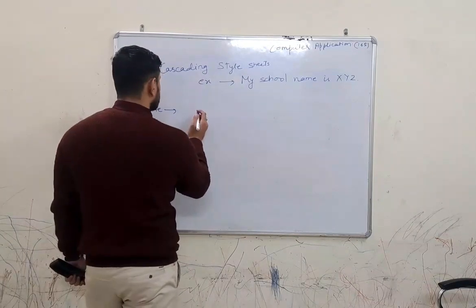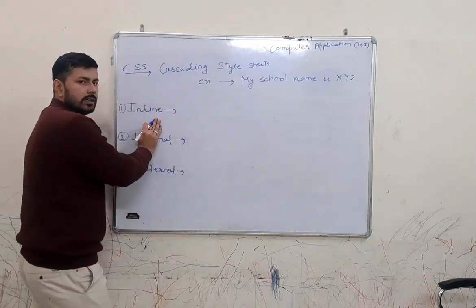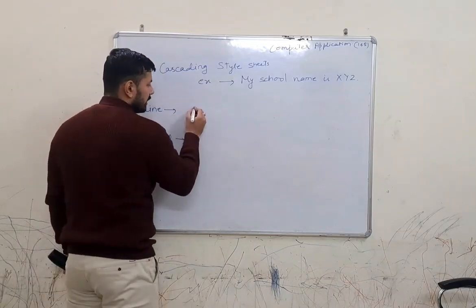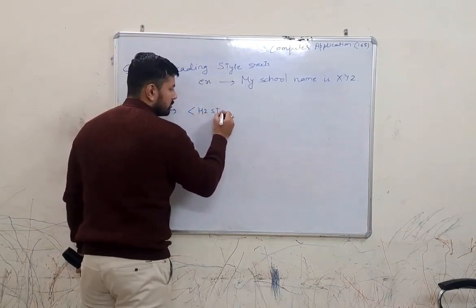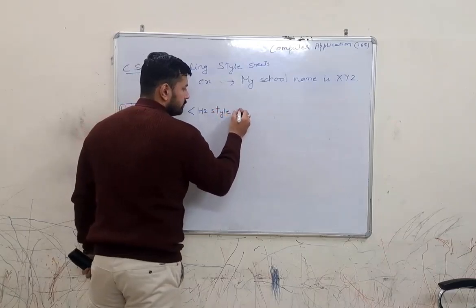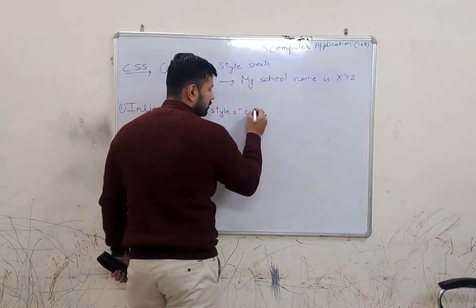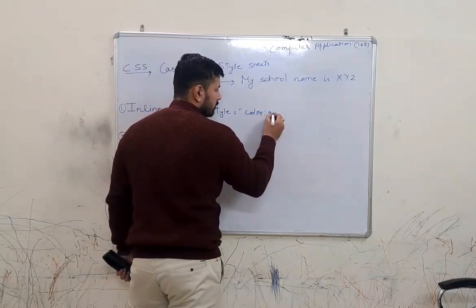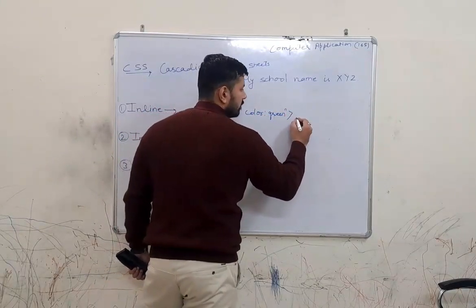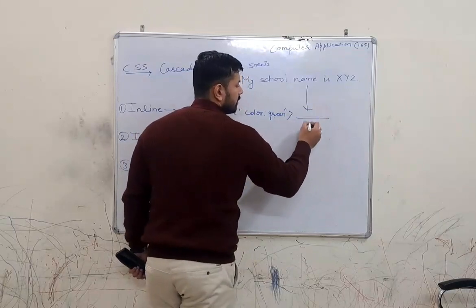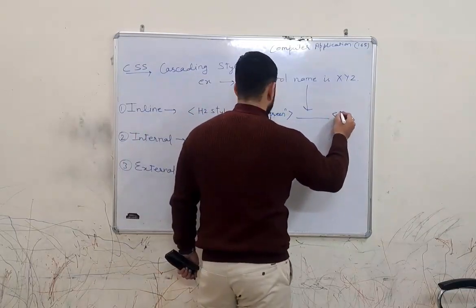That's why we call this type of CSS the inline CSS. Like in this one, we have added style, color. What type of color? Green. And then an example here.